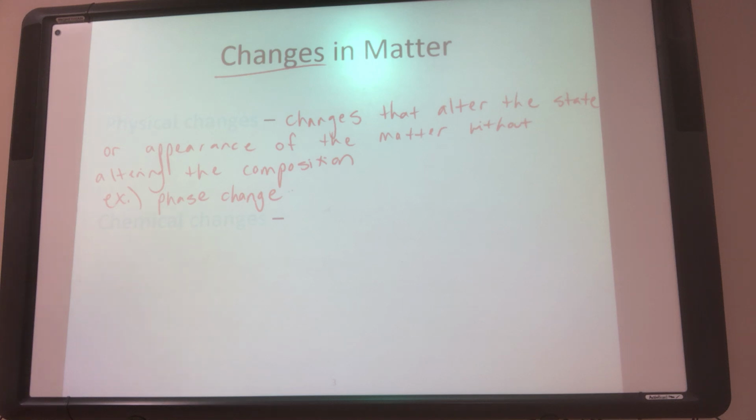Okay? If I'm adding dye to something, then I'm actually physically doing something and I'm just changing the color of it. I'm changing the appearance. So when I'm adding the drops of that food coloring to it, I'm coloring the water. The color itself would be a property, but the action would be a physical change.